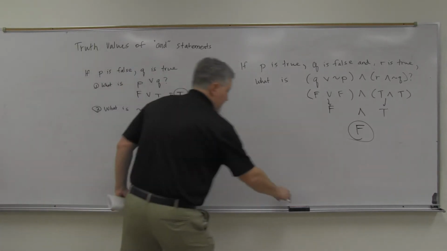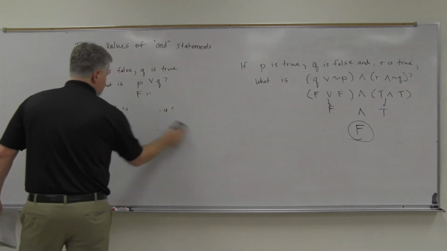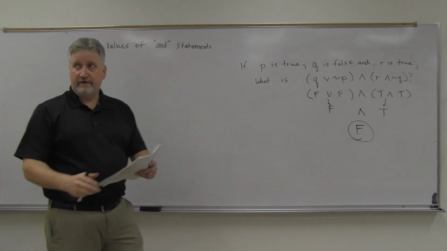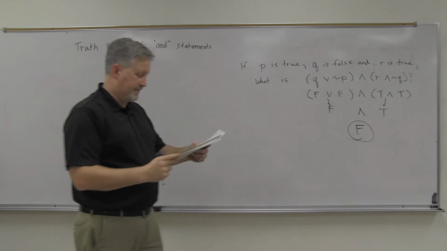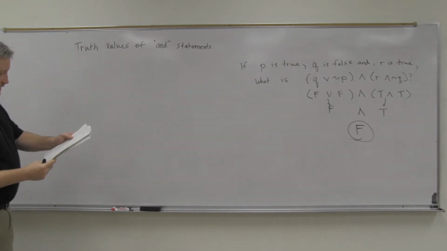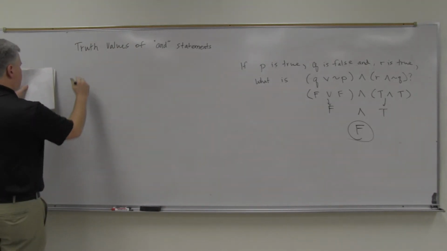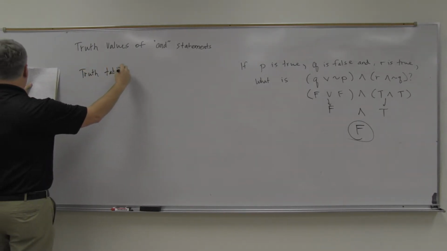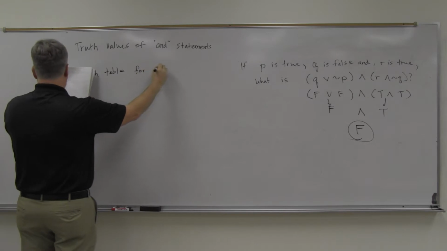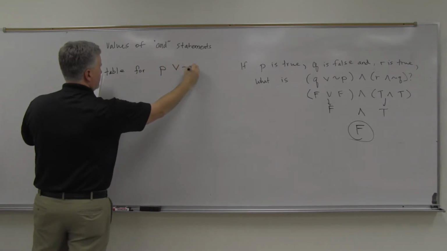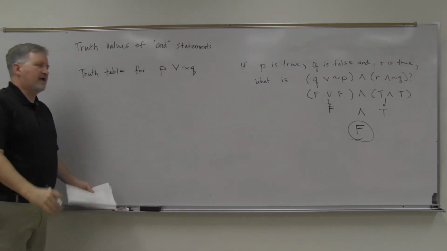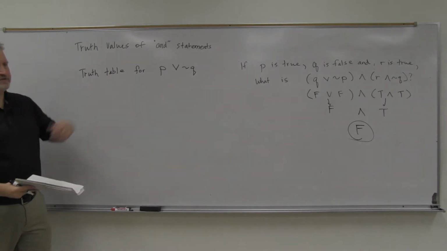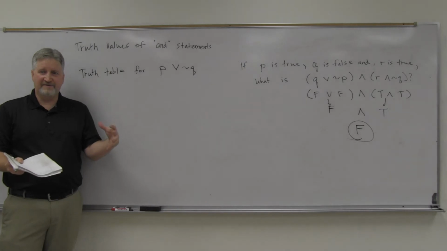Okay? But the other ones are where we do truth tables. So let's finish off here today talking about truth tables. All right, so let's do a truth table for P or not Q. So the way we'll make these different than the truth tables we've already done is throw in some negations, maybe put in some parentheses.